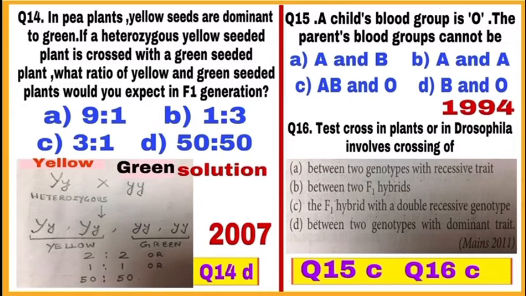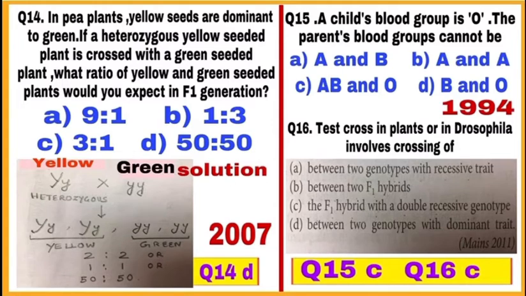When the yellow heterozygous seeded plant, capital Y small y, was crossed with the green seeded plant, small y small y, then out of 4, 2 plants were obtained with yellow seeds and 2 plants with green seeds. The ratio of yellow seeded and green seeded plants will be 2:2, or you can say 1:1, or you can write 50:50. So the correct option is D.